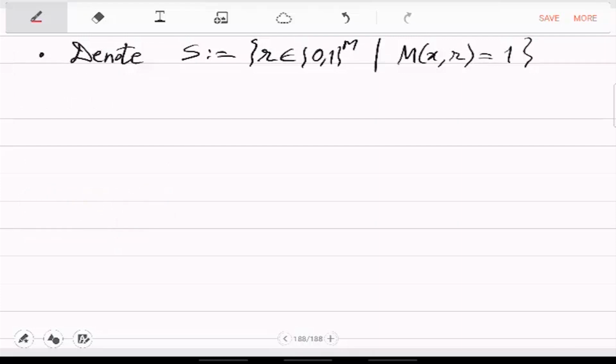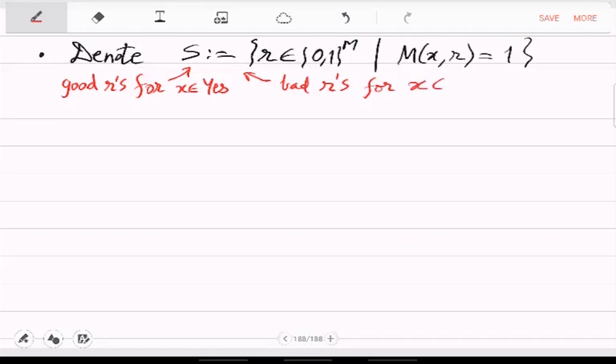So these are the good R's for yes strings, and bad R's for no strings. For yes, you want the answer to be 1, so these are the good strings, and for no strings you want the answer to be 0, so these are actually bad R's.